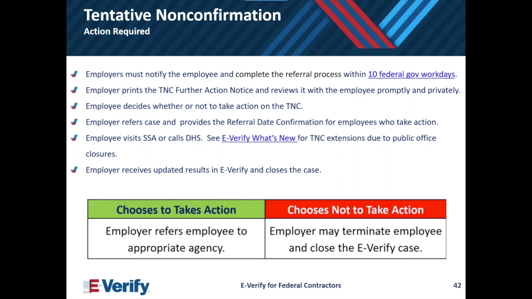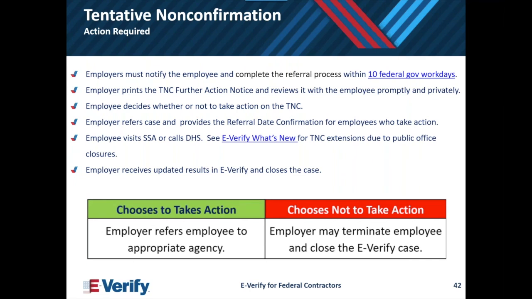You will then indicate that decision in E-Verify and do so within 10 federal government workdays, and that then refers the case. It's just the click of a button for you. Once the case is referred, you can print the referral date confirmation, which has the date that the case was referred, and it gives the employee additional steps that they need to take to resolve that case.